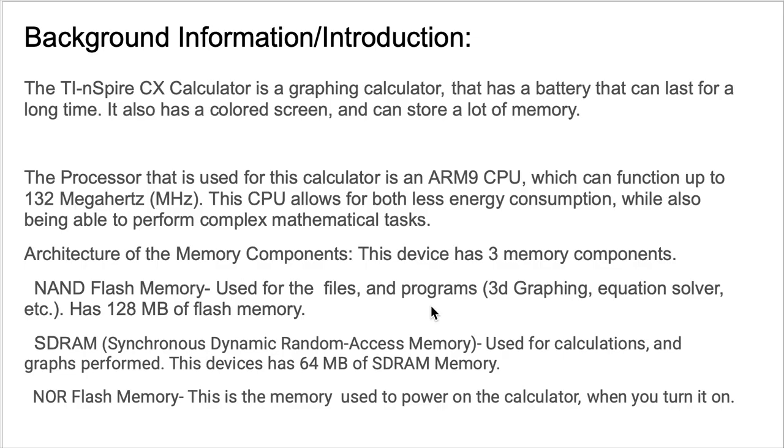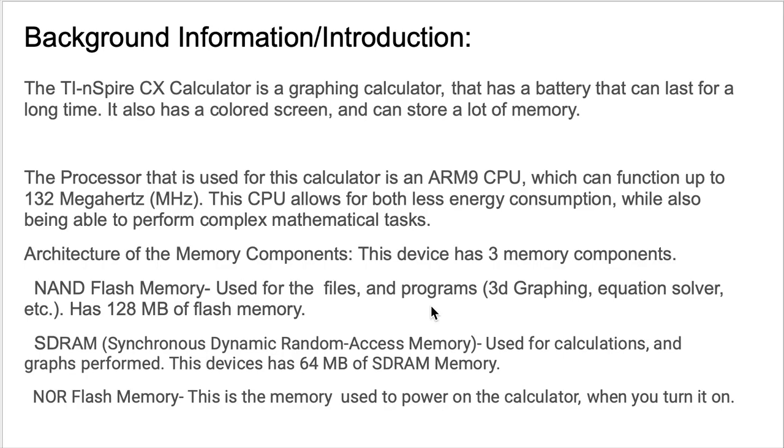The calculator has this feature, the equation solver, where it can solve equations on its own, kind of, and other such programs. That's what the NAND flash memory is used for. The TI-nSpire CX Calculator has 128 megabytes of NAND flash memory.